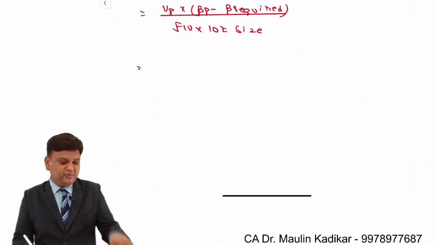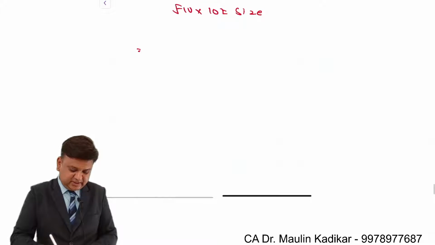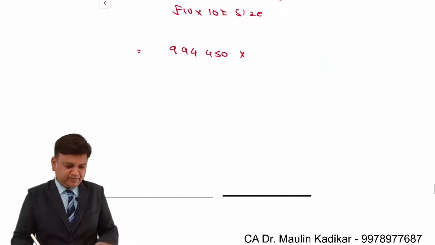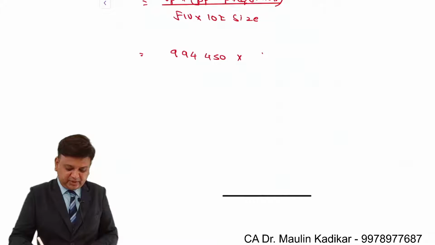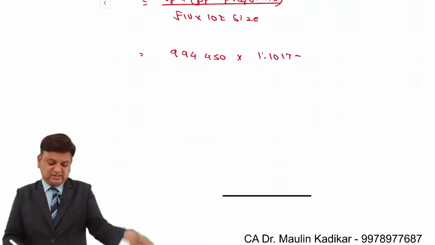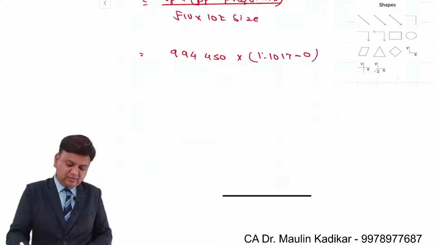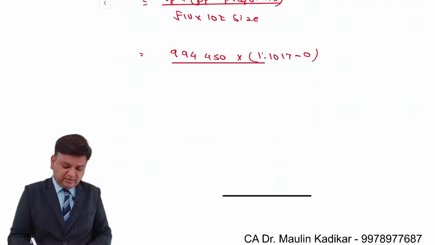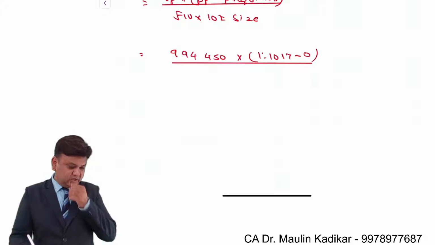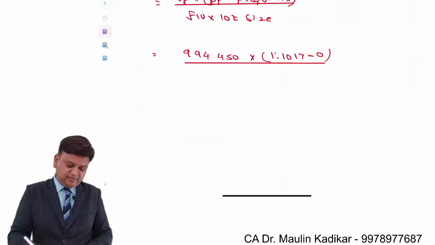As far as the value of the portfolio is concerned, it is 9,94,450 into beta of the portfolio is 1.1017, minus beta required. I am taking 0 because I am considering the perfect hedge, divided by the futures index value.